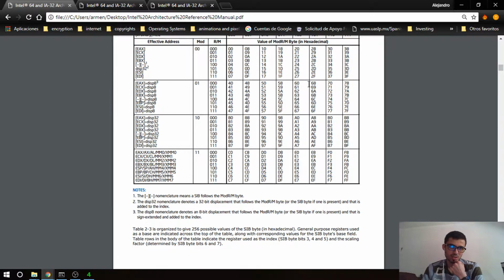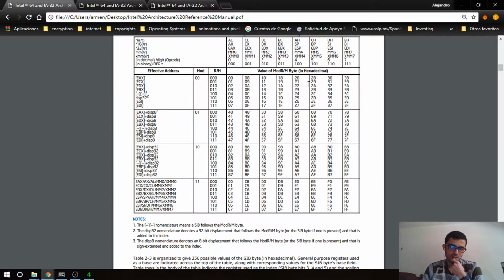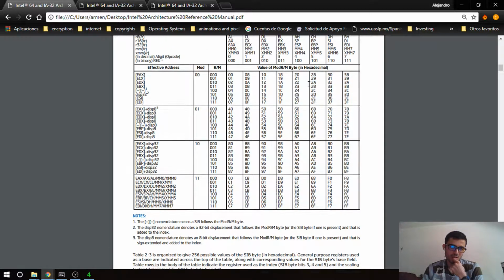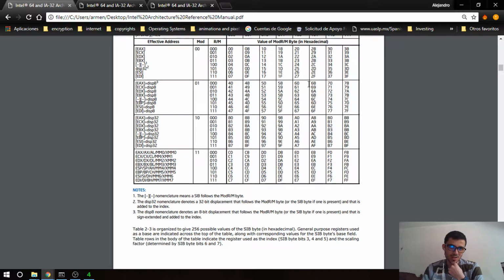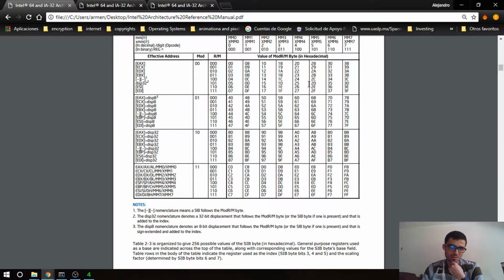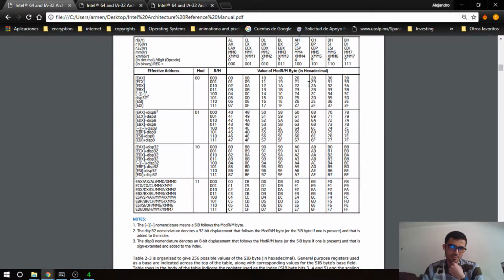That means, hold a second. Yeah, so that means that scaling, now my question is, scaling just happens for one operand or for both operands?